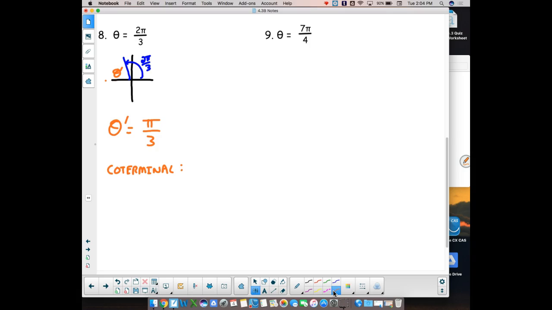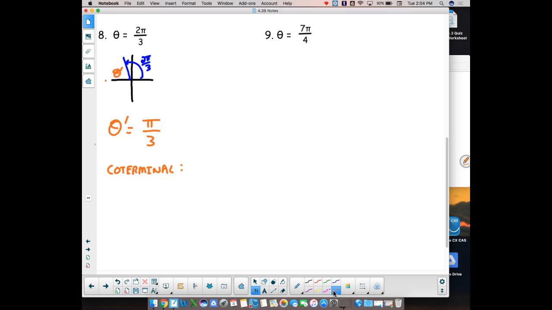Coterminal angles. Now again, I'm not thinking about adding 360 degrees to it because I'm in radians, so I'm thinking about adding 2 pi to go around either direction, right? But because I'm dealing with thirds, I'm actually thinking about 2 pi as 6 pi over 3.